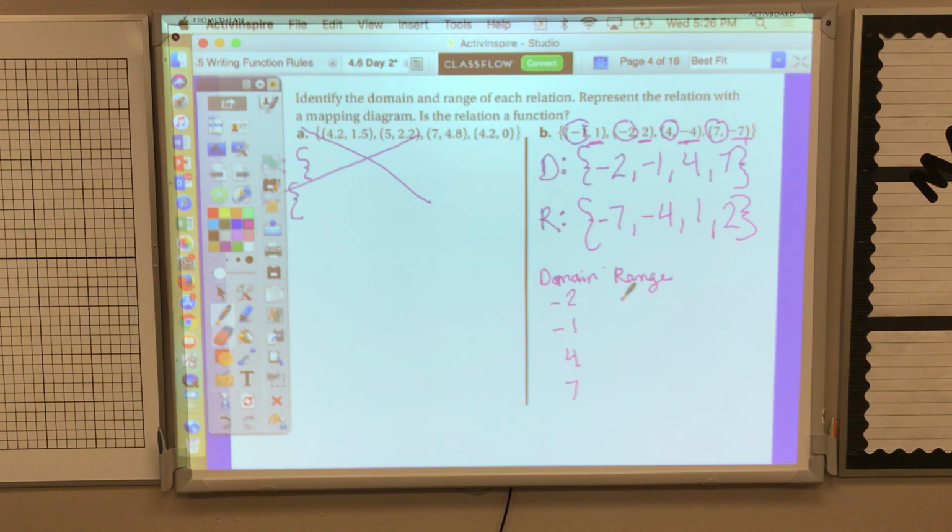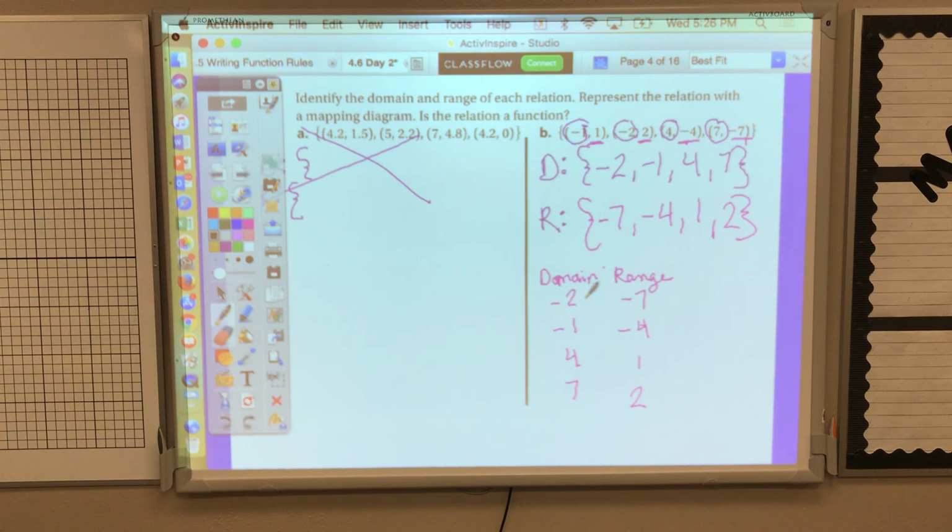My range: -7, -4, 1, and 2. They put circles around these to show that's your domain, and this one's your range. I'm not so worried about that, but if you want to do it, you can. As long as I can tell they're in a straight line and you keep your mapping diagram nice, you don't need to put those there.